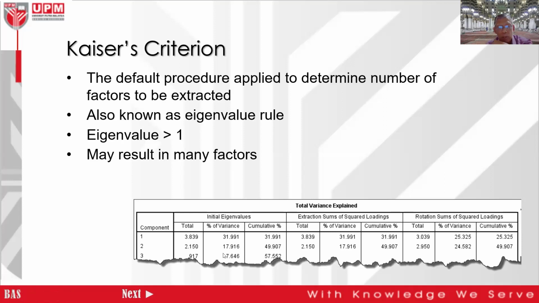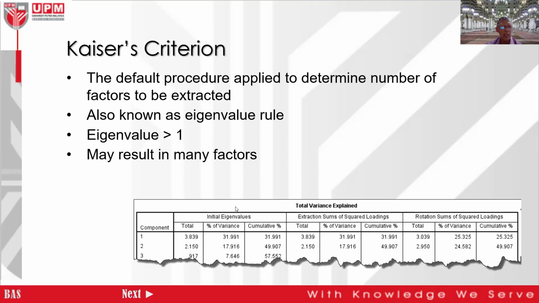The second eigenvalue is 2.150. I mean, you get a second factor. But when you go to the third component, the eigenvalue is 0.917, less than 1. Therefore, based on the Kaiser criterion, only 2 factors will be extracted from this analysis, because the criterion is eigenvalue more than 1.